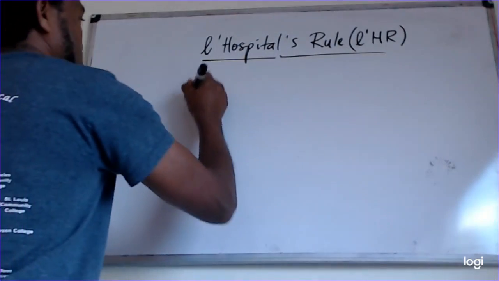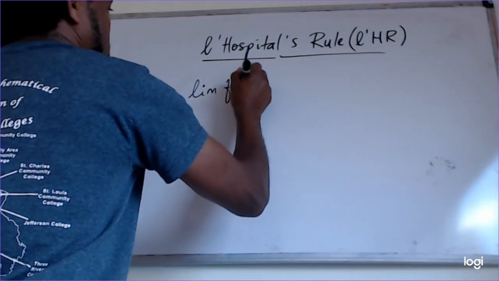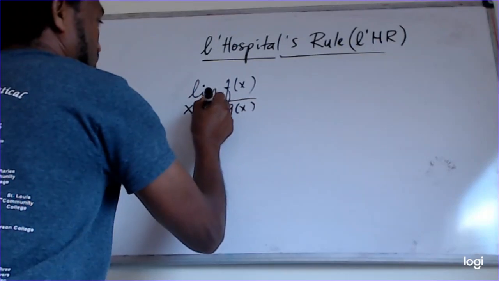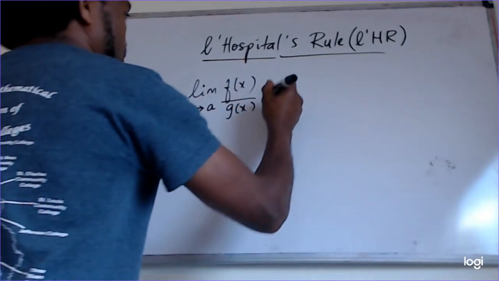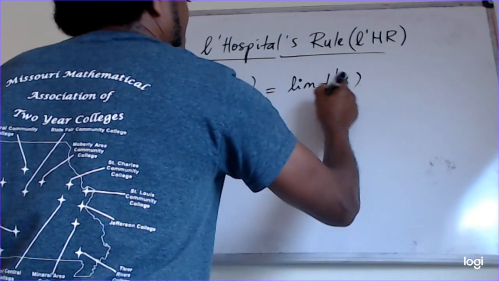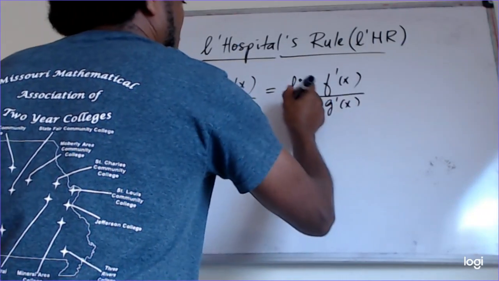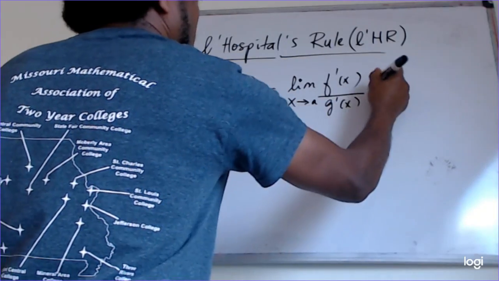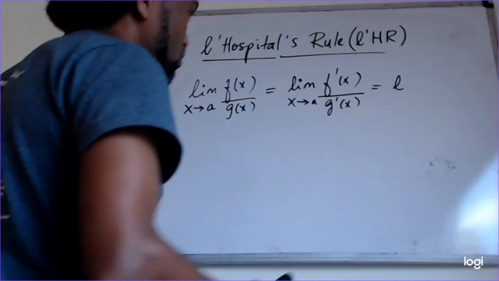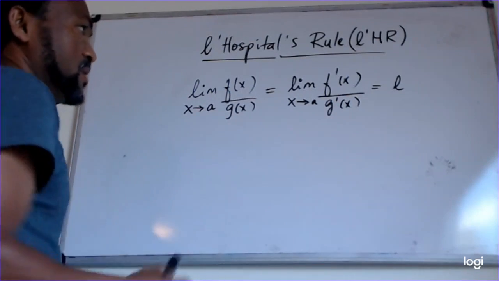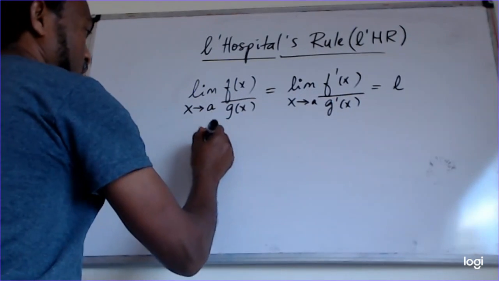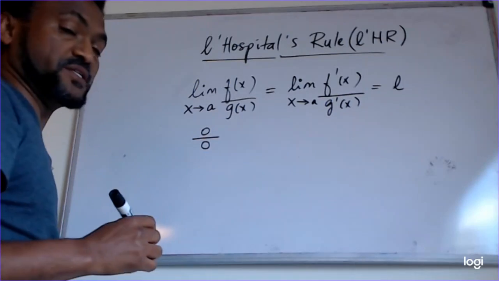It says the limit of f of x over g of x as x approaches a certain number a, whether it's finite or infinite, is going to be the same as the limit of f prime of x over g prime of x as x approaches a, and that is equal to a certain number L, where L again could be finite or infinite.